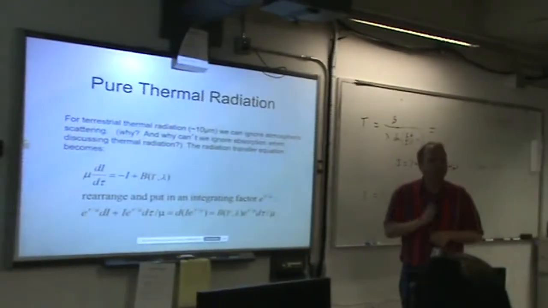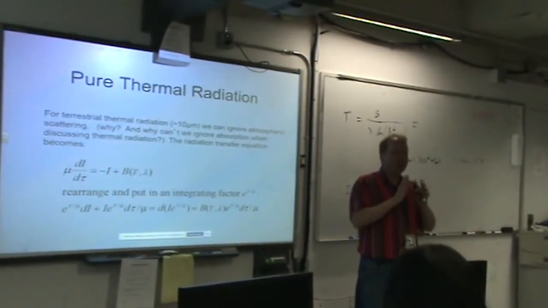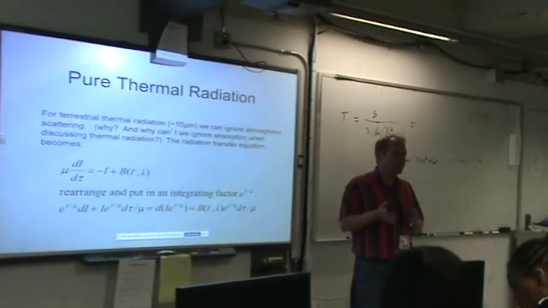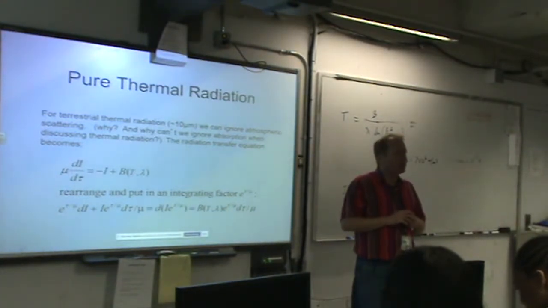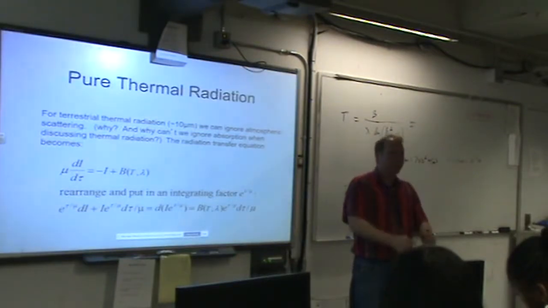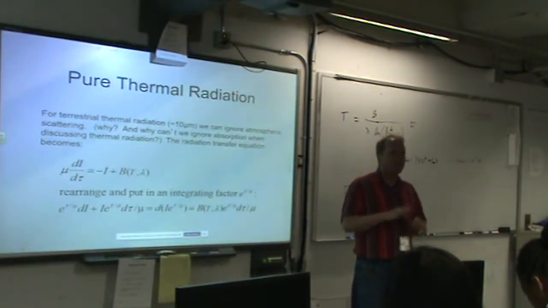We were using a 10 micron sample because around 10 microns there's no absorption by water vapor, and there's a little bit of scattering by the atmosphere, not much. So it's called a window channel, which means if you're looking at the surface at a 10 micron wavelength, you're mainly seeing light coming from the surface with a few smaller effects added in.